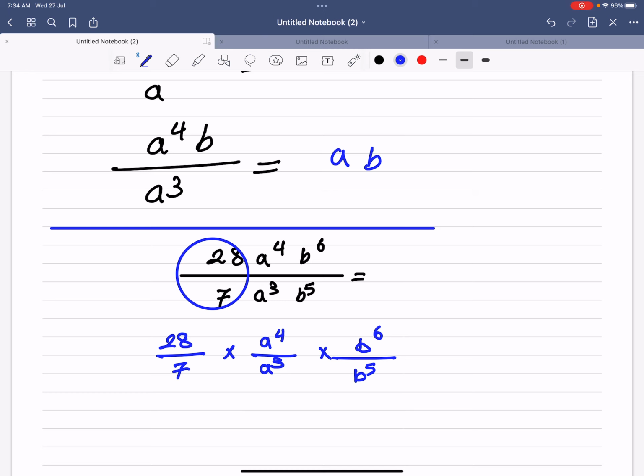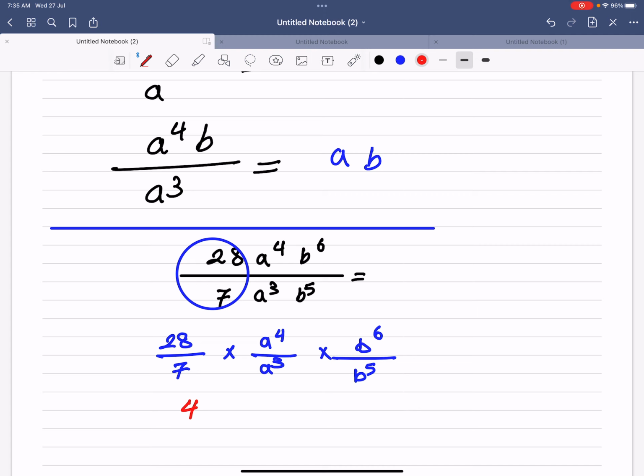So I'm writing it as a product of 3 terms instead of being just one term. I think it's going to be a little bit easier. You won't necessarily do this; I'm just explaining to show that the process is easier when we separate them. So right over there we have 28 divided by 7, it's going to be 4. What if we have a raised to the power 4 and a raised to the power 3?